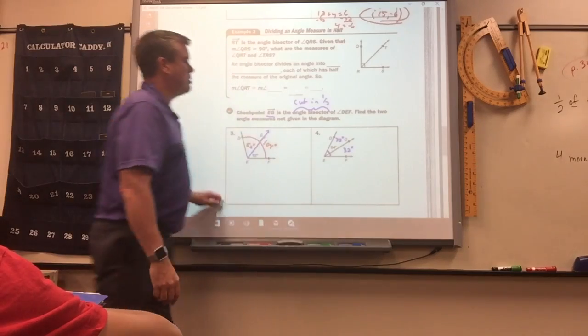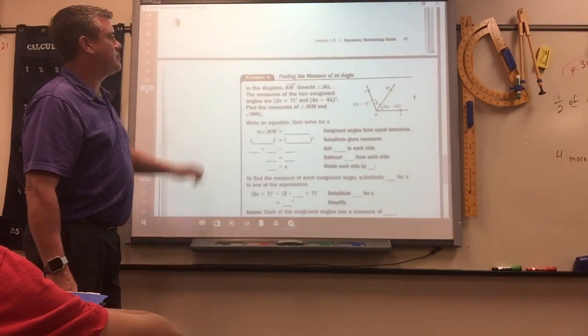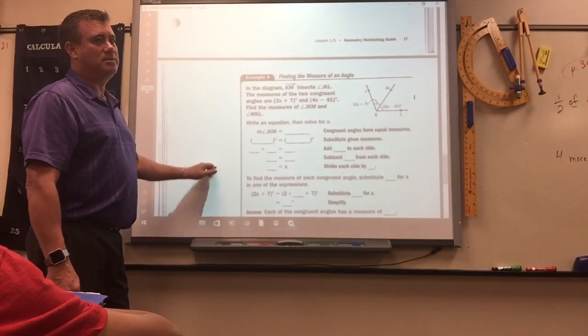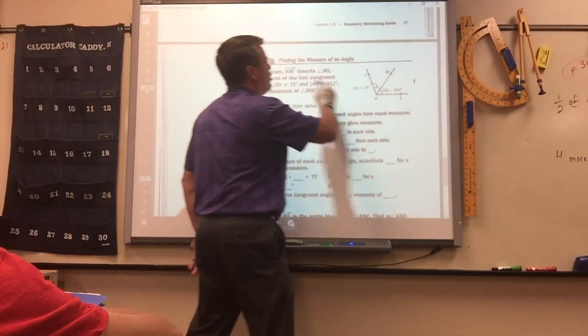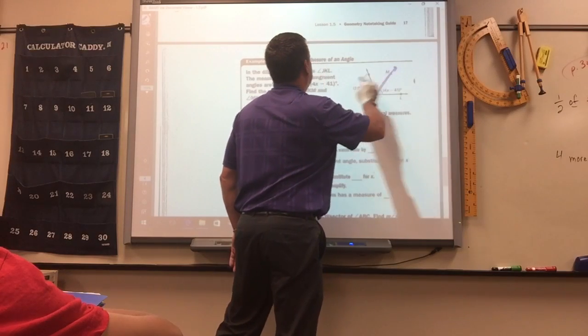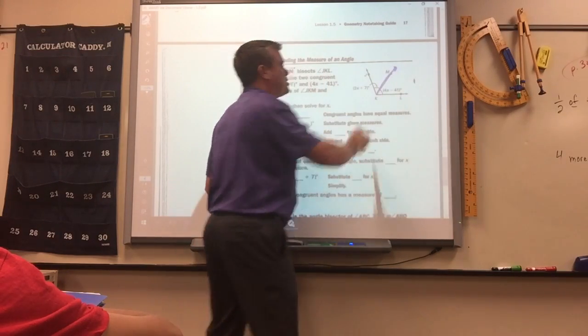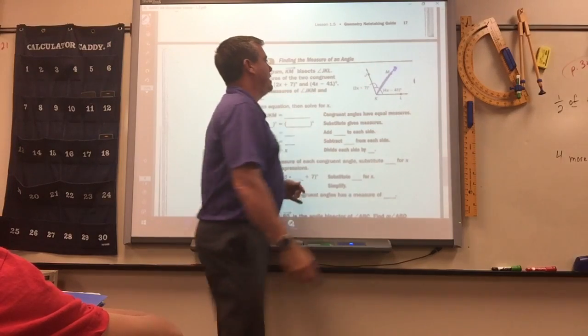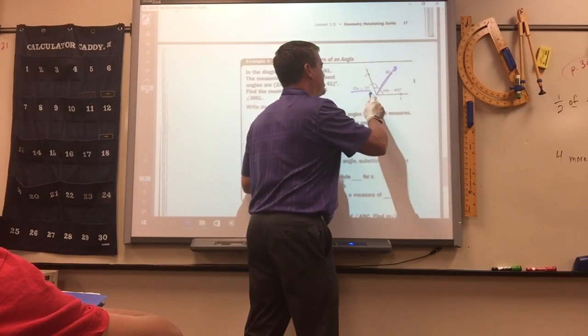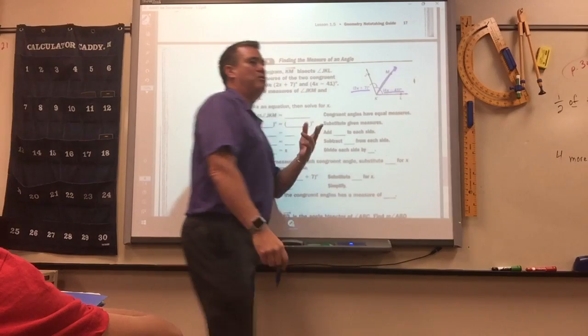Now we got algebra. It says that ray KM bisects angle JKL, which means this is cut in half. So since it's cut in half, what do you know about this and that? They're equal.